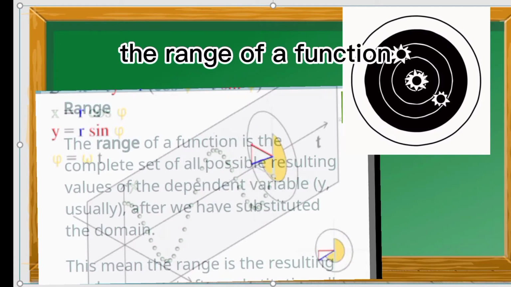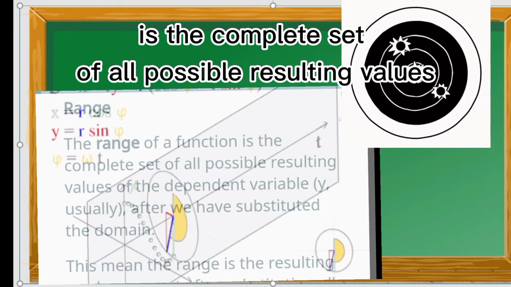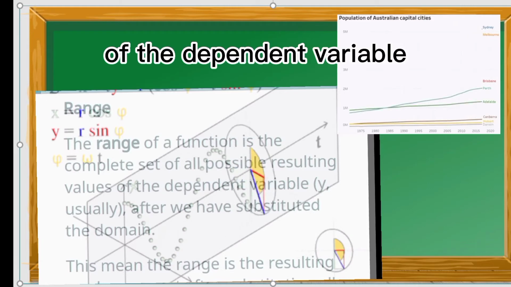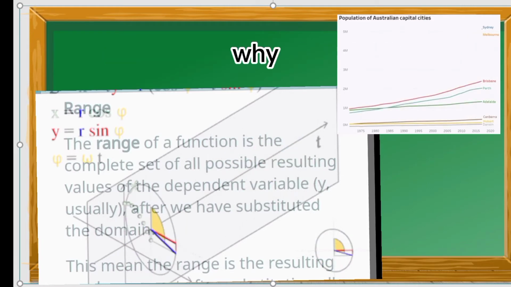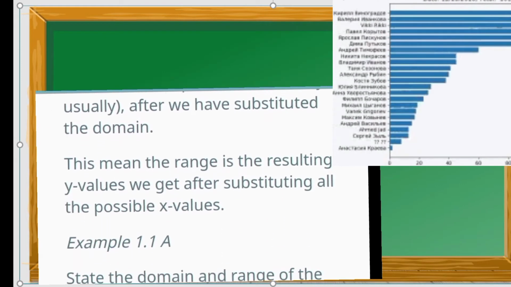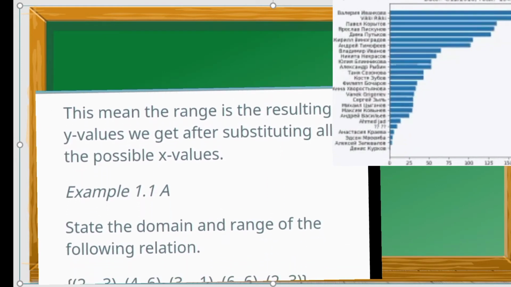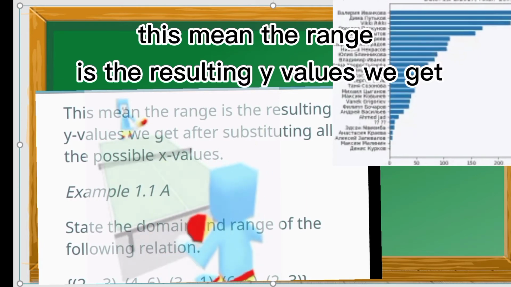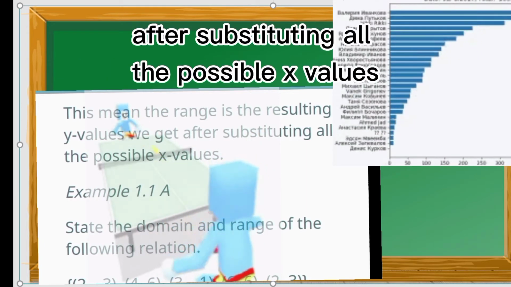The range of a function is the complete set of all possible resulting values of the dependent variable y after we have substituted the domain. This means the range is the resulting y values we get after substituting all the possible x values.